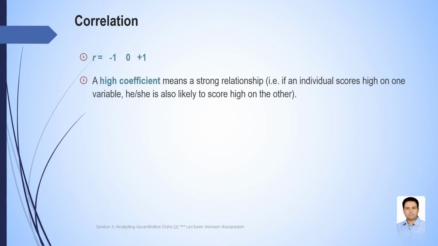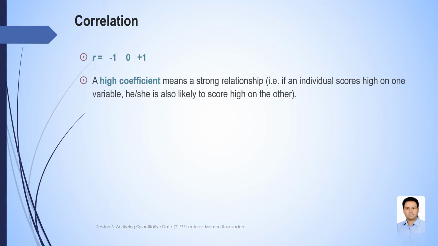So a high coefficient means a strong relationship. That is, if an individual scores high on one variable, he or she is also likely to score high on the other variable. In the example we just raised in the previous slide, the higher the level of input, the higher the level of vocabulary knowledge.